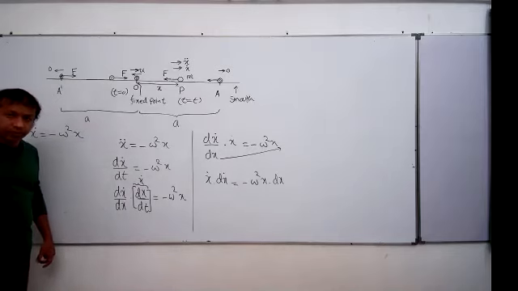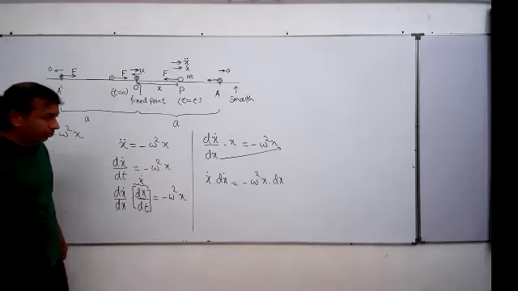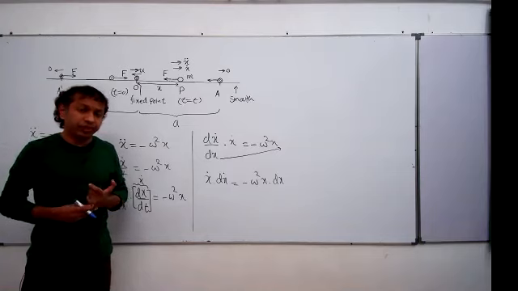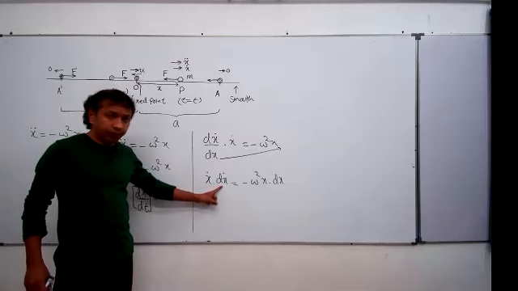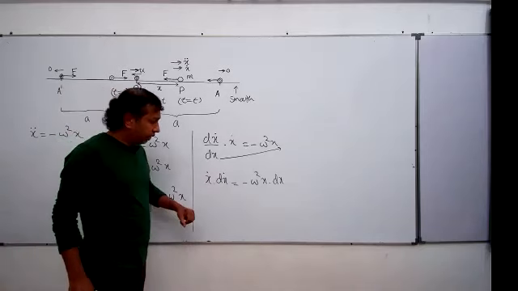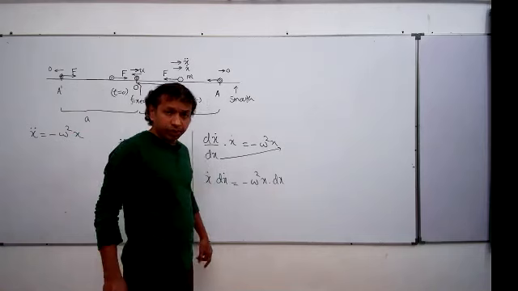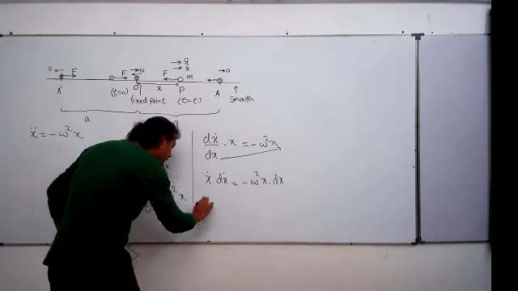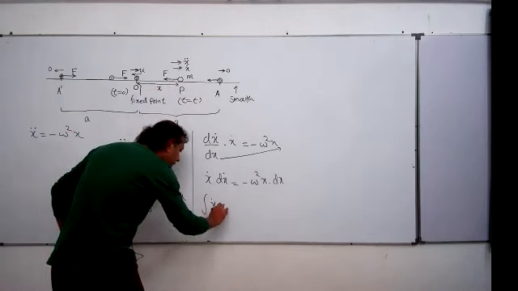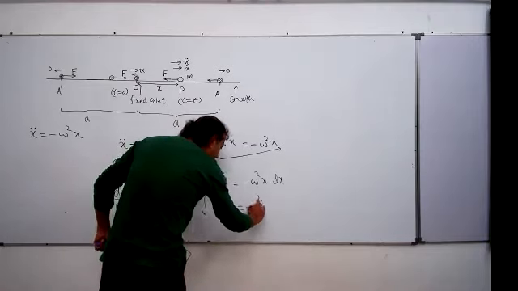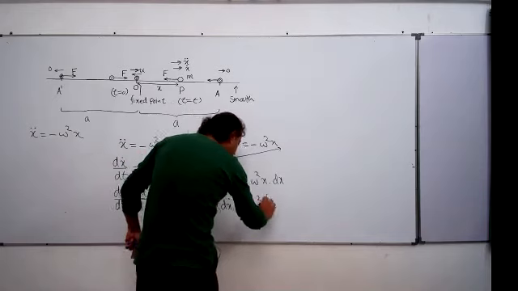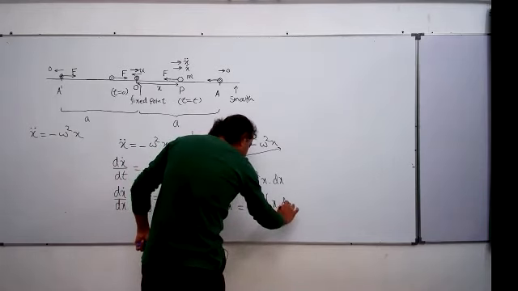Now what we do is integrate both sides, the left hand side with respect to x dot, the right hand side with respect to x. Once integrated, we get the integral of x dot dx dot equals minus omega squared, a constant which you can take out of the integral sign, times the integral of x dx.